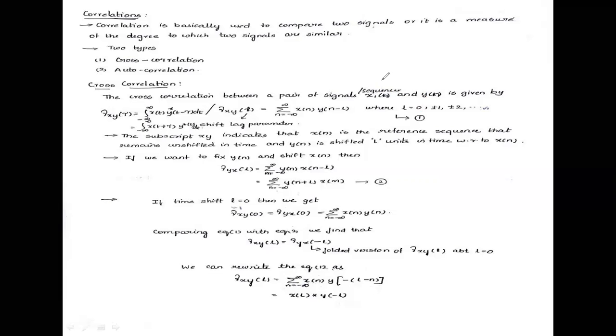I already told there are two signals. How can we compare the two signals? If I am taking x of t, and here I am taking y of t, the two signals.